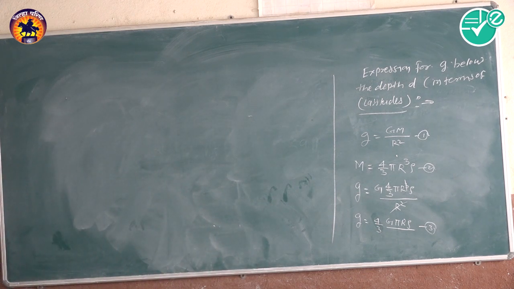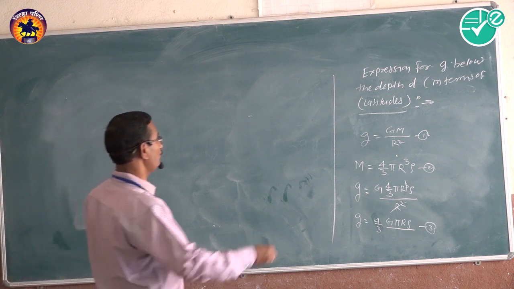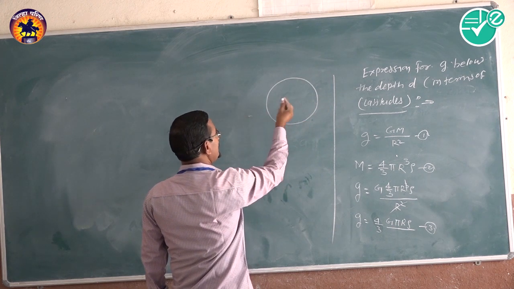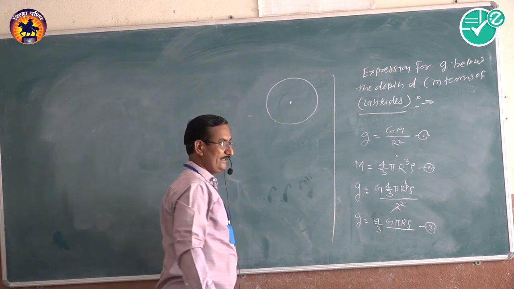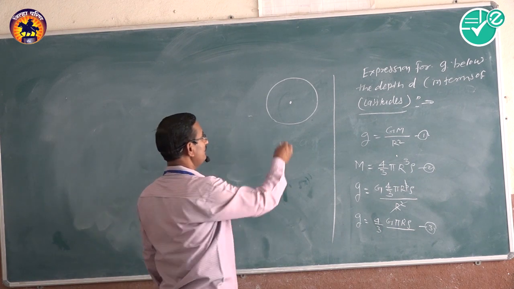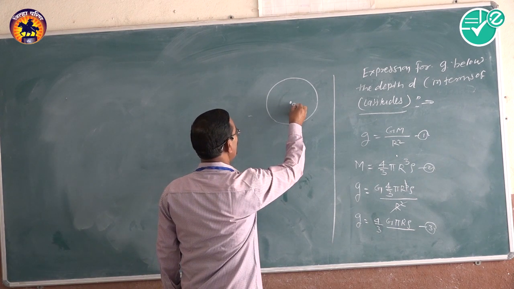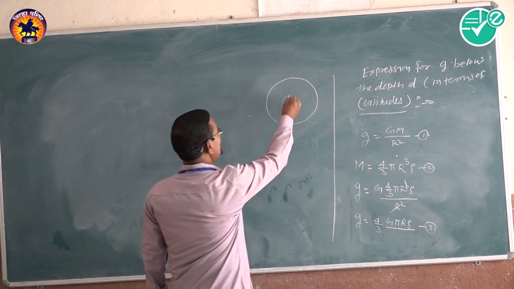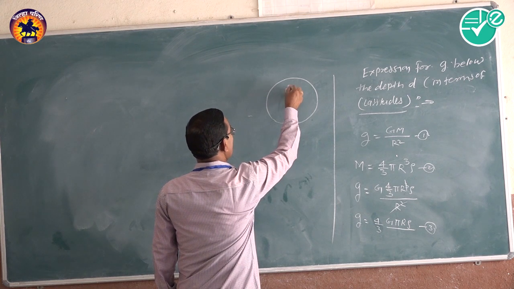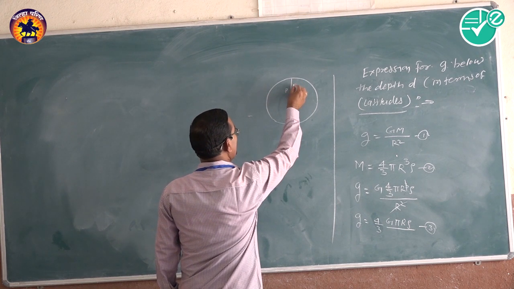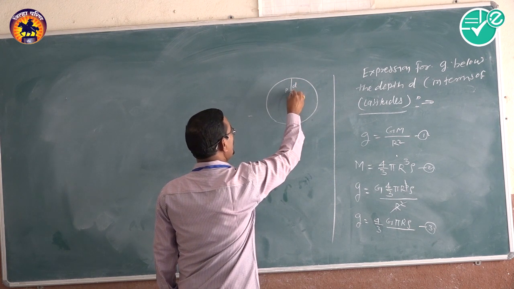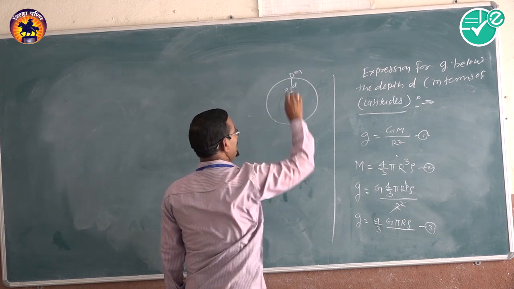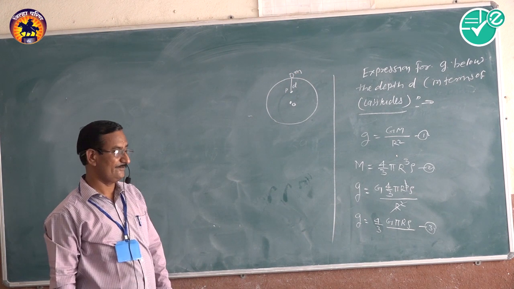But now we have to consider the Earth with center, suppose, O. Let us consider the point P, which is at the depth small d below the surface of Earth.